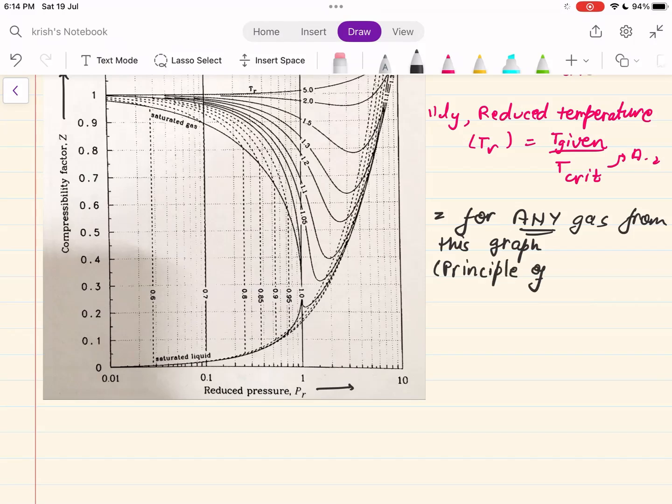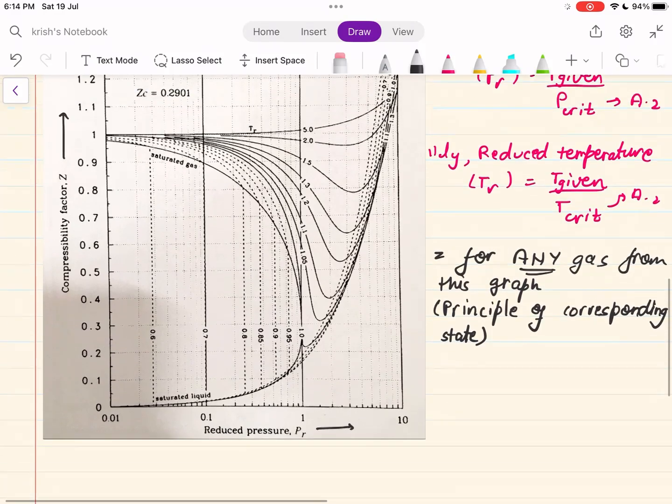So it's not that oxygen will have a different looking graph than this, or nitrogen will have a different looking graph. All of the gases will have the same looking graph because of the principle of corresponding states. I'm not going to explain this principle here. I have the statement written in the notes that will be in the description. You can always check it out from there, because again, this is a problem focused lecture.